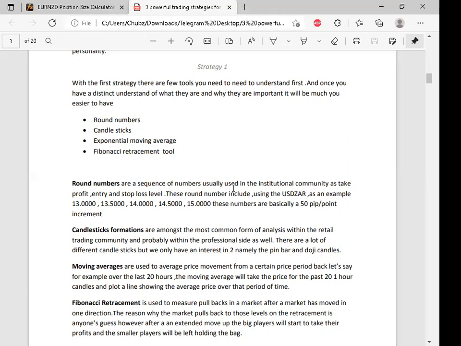If the dollar costs you 14 rand to purchase $1, then that's a round number essentially. I like to use a USD ZAR example because I think a lot more of us are familiar with it. I know some guys aren't from South Africa, so hopefully you can bear with me on that one.